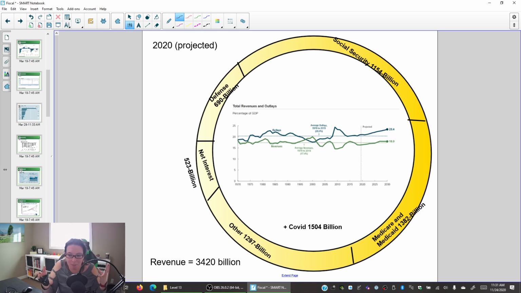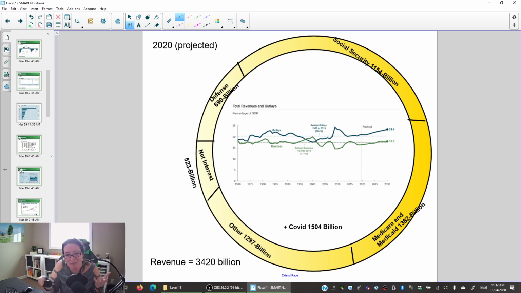Now, one of the problems with this team is that none of them were economists. None of them had taken economics or business. They weren't able to come up with a solution. So in 2013, these automatic cuts come into effect. Defense spending is basically down $500 billion from $1 trillion to $500 billion. And all the programs are cut and taxes go up.